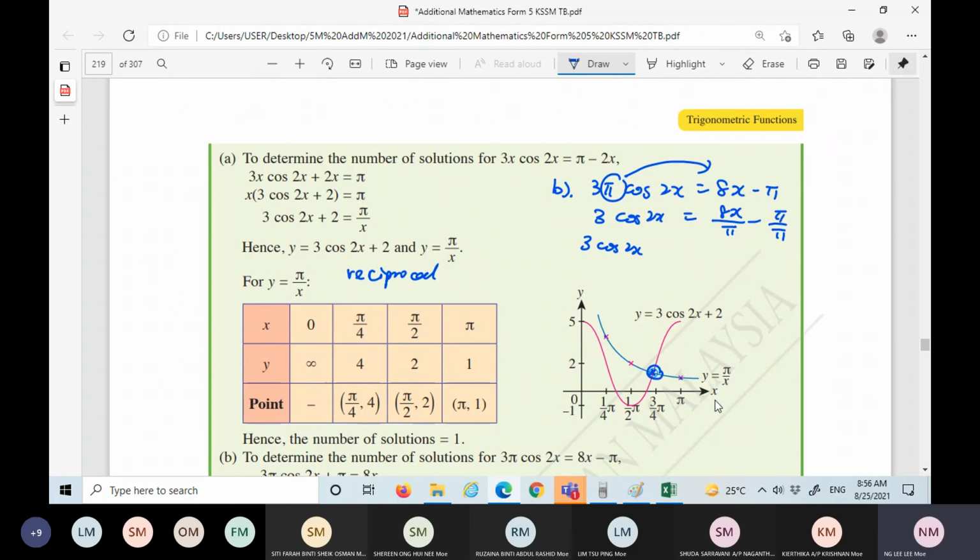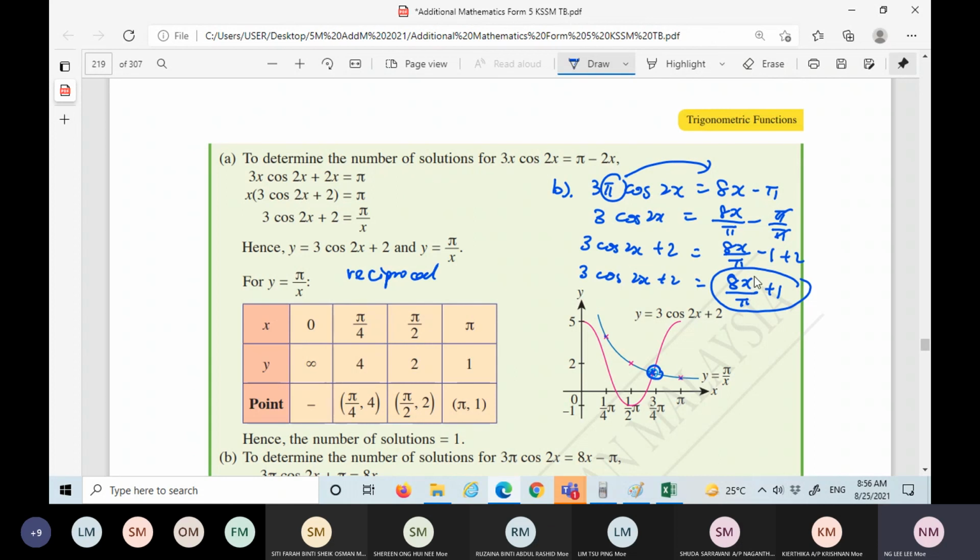Next, plus 2. This one I get minus 1, and then plus 2. Simplify: minus 1 plus 2, 2 minus 1 is positive 1. So this is the one that you need to sketch.